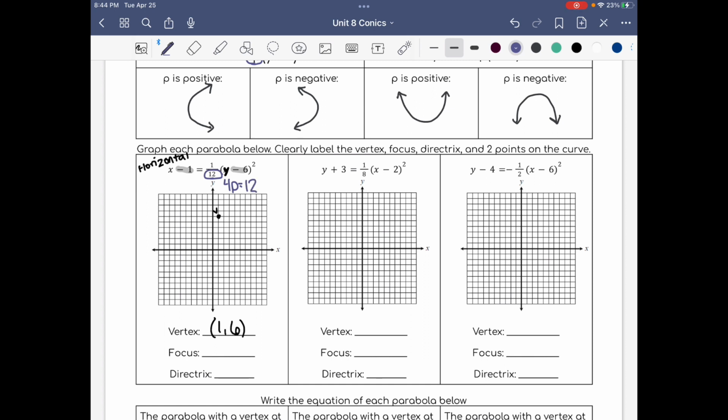And if 4p equals 12, then p equals 3. So the focus needs to be 3 units away from the x spot of the vertex, since x is the non-squared variable. So it's going to be right here. Again, this is what tells me that the focus is to the right.